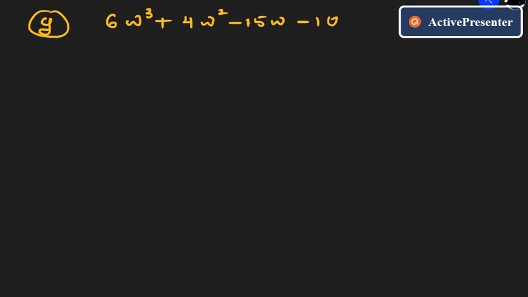Now suppose we have 6w cubed plus 4w squared minus 15w minus 10. Okay, so how to proceed? If you can check with me, these two together if grouped, and we take, for example, minus 5 aside, we would be left with 3w plus 2, right?